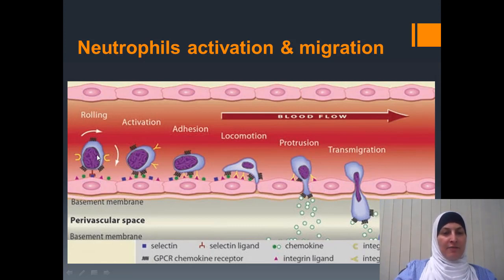These neutrophils, they have the receptors that are able to recognize these chemokines. This is an example of the cytokines and complement systems. So these chemokines would attract the neutrophils to the margin of the blood vessel.